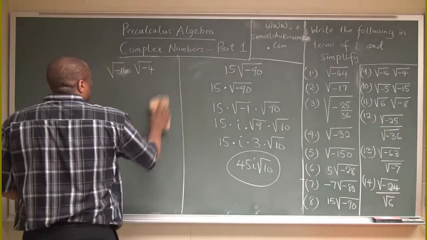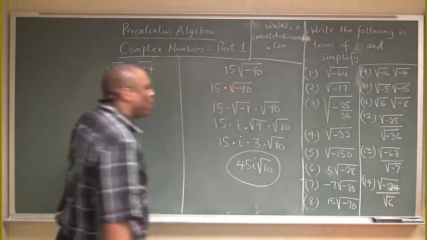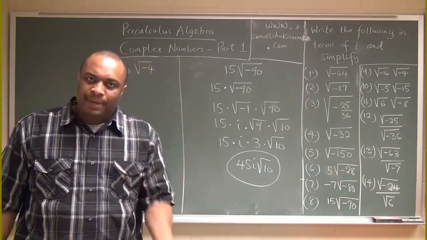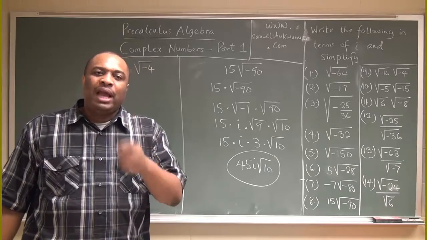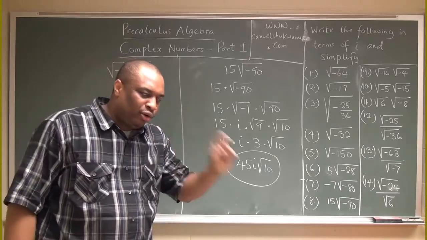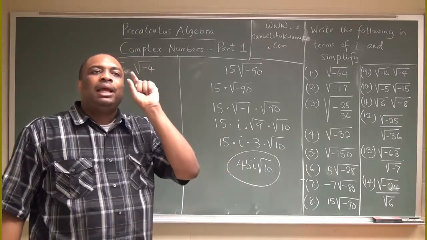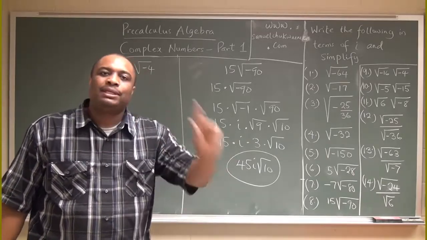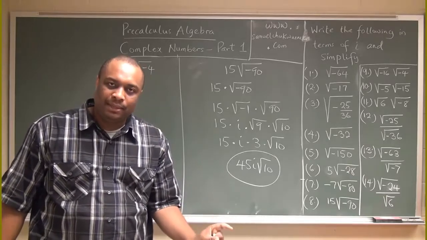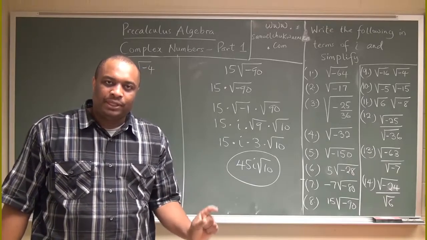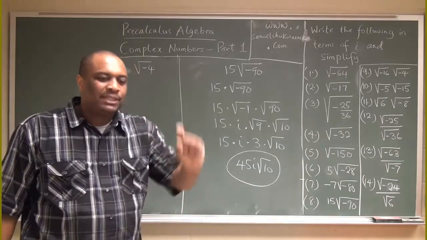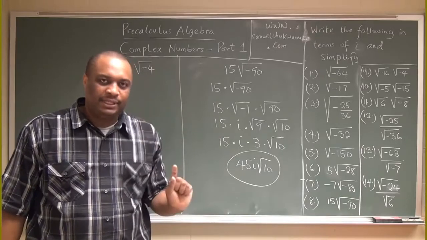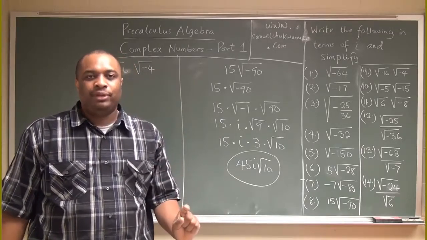Now, for these complex numbers, when we are solving a square root of a negative number, we have to apply a rule that states that anytime there is a square root of a negative number, it must be expressed as a complex number first.